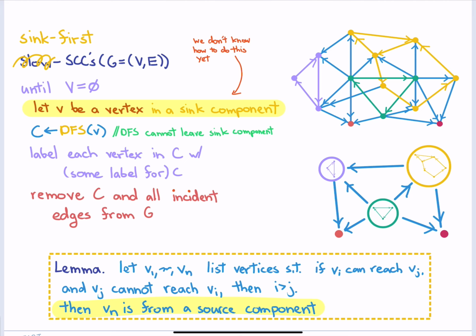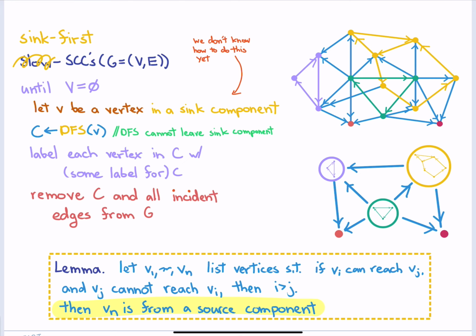Okay, but to highlight what's going on, I really want to figure out how to get vertices in the sink component, and I only have a lemma that lets me get vertices from source components. Okay, so how do we rectify this?